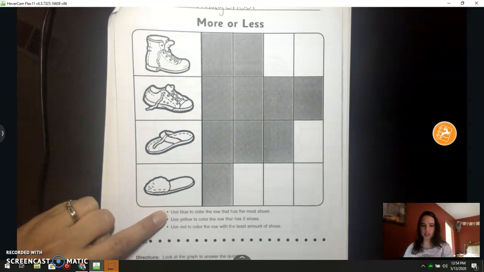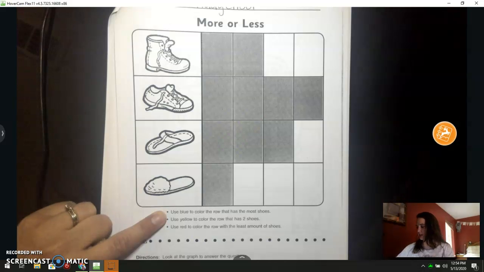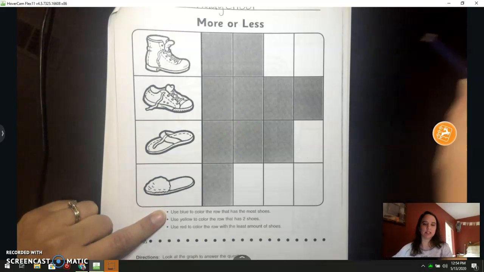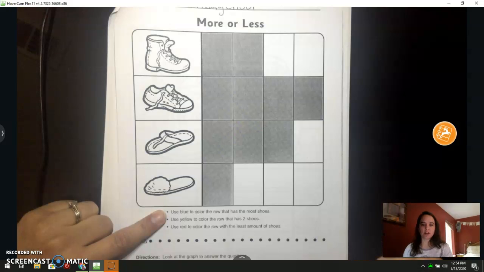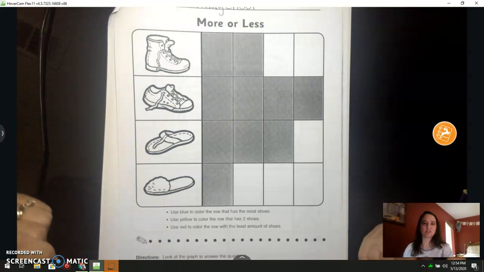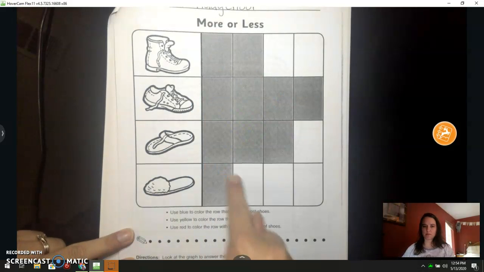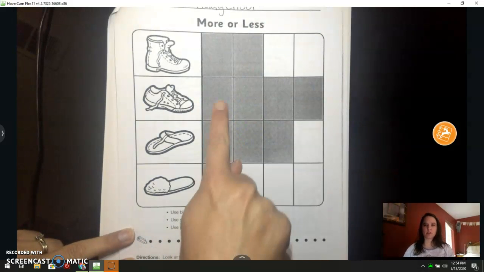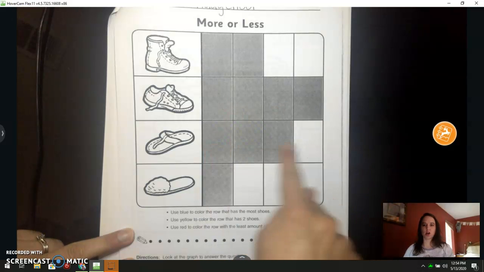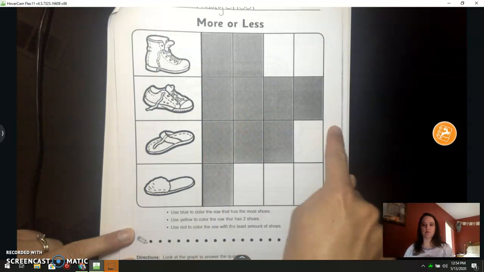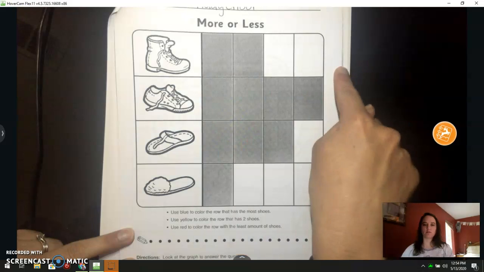My first question down here says, oh, it's not asking, it's telling. It says use blue to color the row that has the most shoes. So before we were doing columns up and down. Today we're doing rows. Rows go across. Like if you're sitting at the movie theater, you sit in a row.